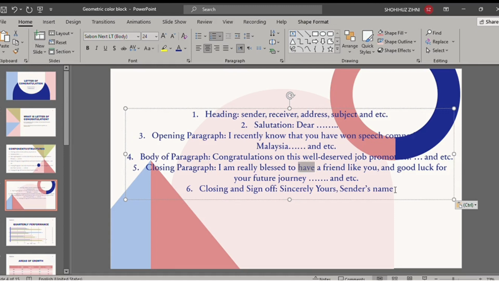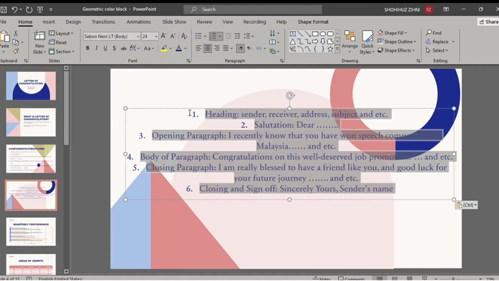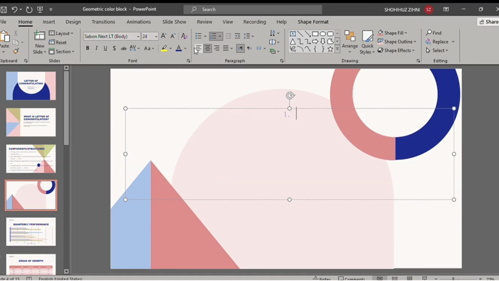It's super easy to make as long as you know the structures and the components. The first one is you write the headings. As I said, you just need to include the receiver. The receiver can be written with "to", and write the name of the receiver, for example, Udin.